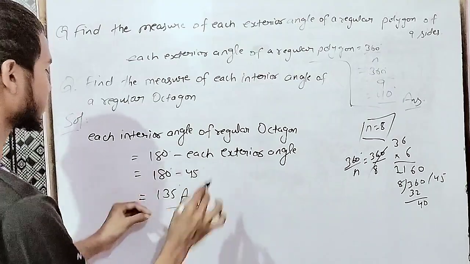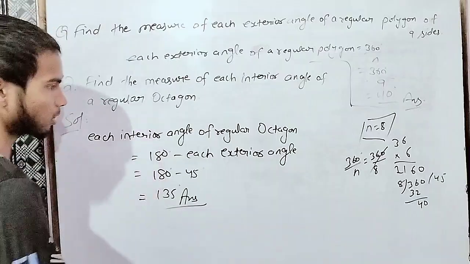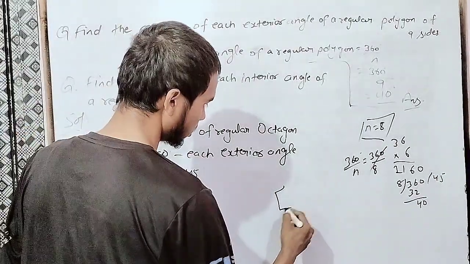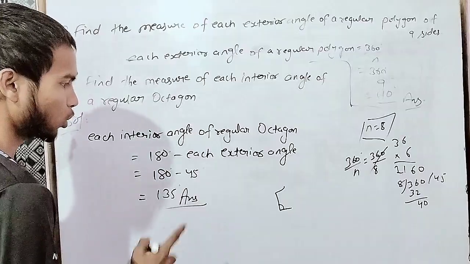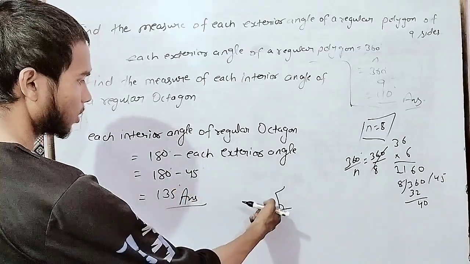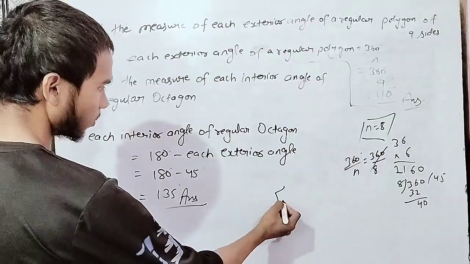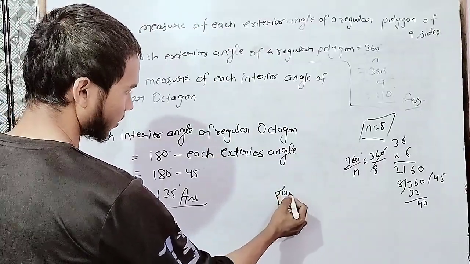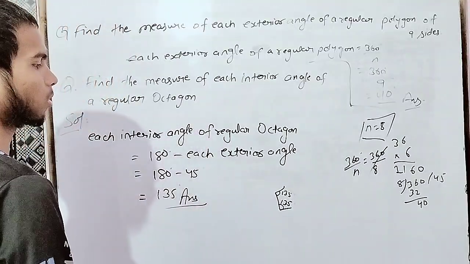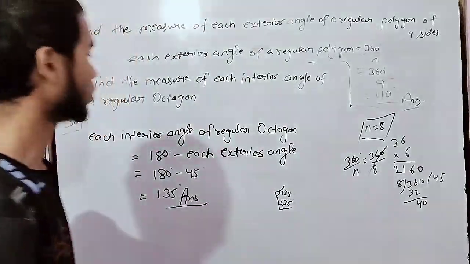Now the answer is the same. Let's say we have a polygon, so this is an interior angle. Each interior angle of this octagon is 135. This is 135, this is 135, like this. Okay, 135. I hope you got it.